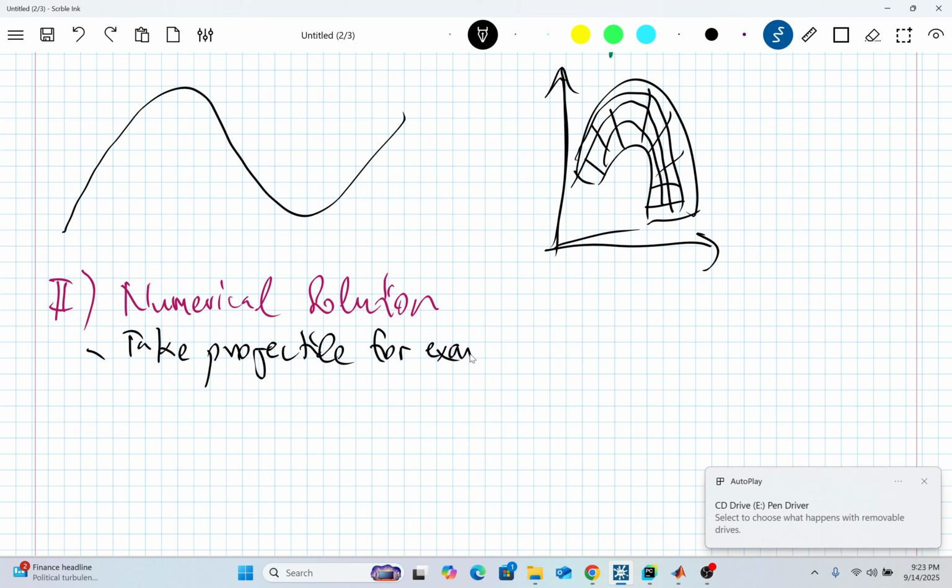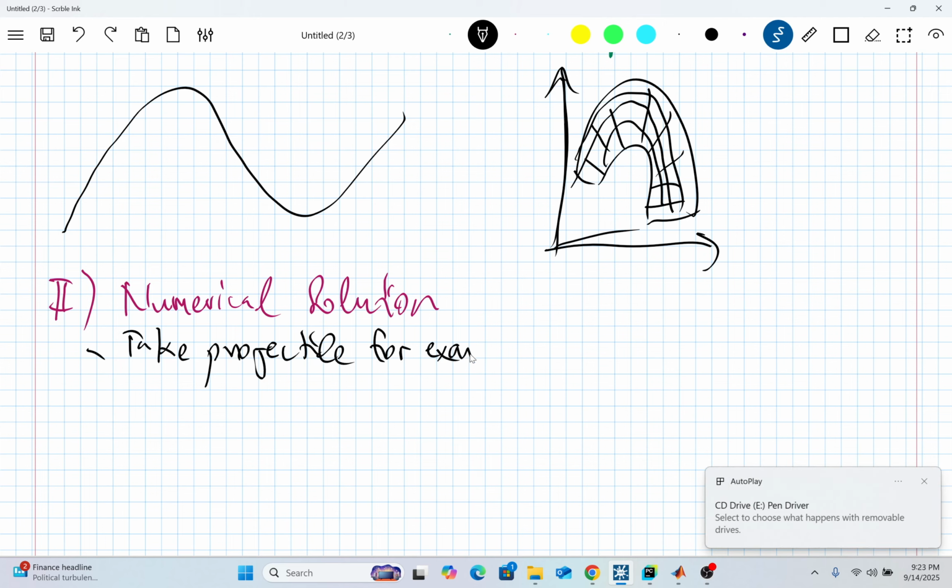Or I can say the numerical solution is an approximation. It is the approximated value at the output. I'll take this one for example. We have minus kv plus mg equals m dv over dt, right?